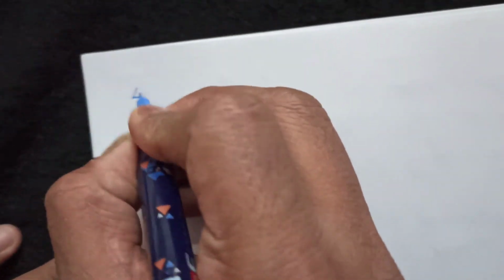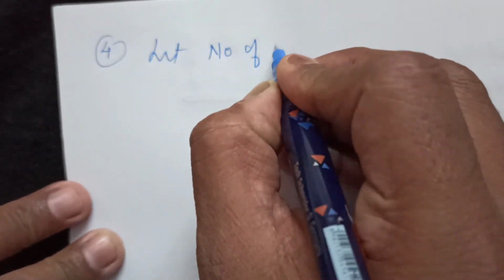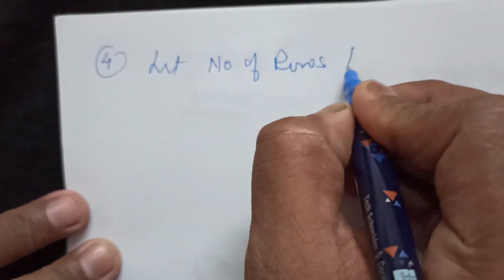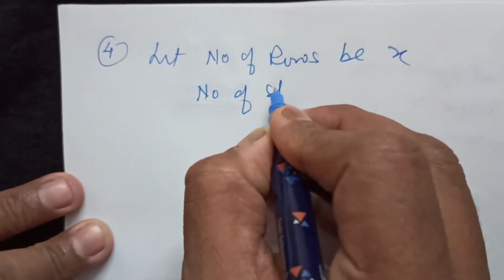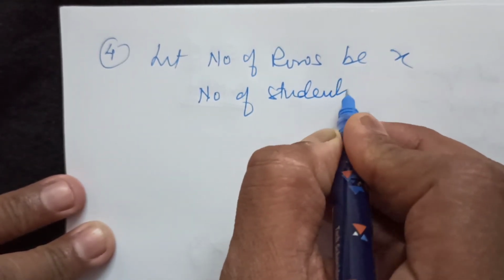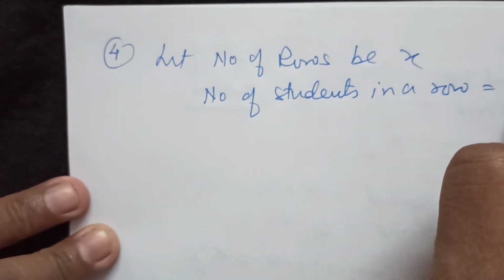So here we have to again start with the assumption that let the number of rows be x and number of students in a row be y.